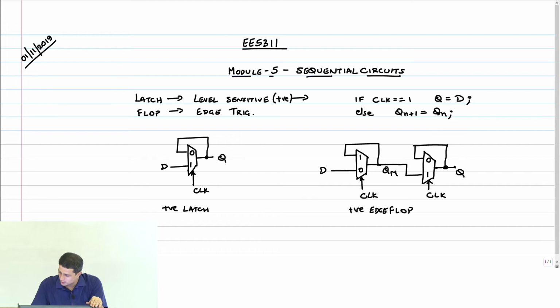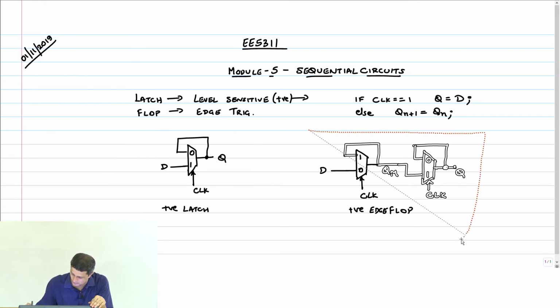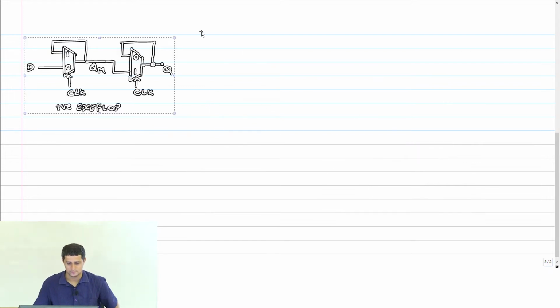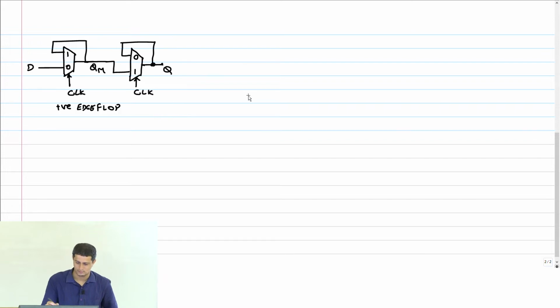So we'll sketch a timing diagram to understand how this actually works, and why we should put a negative latch in the first stage and a positive latch in the second stage, right?